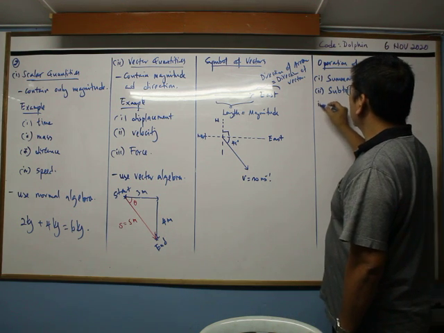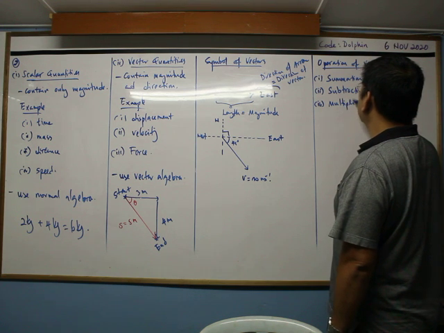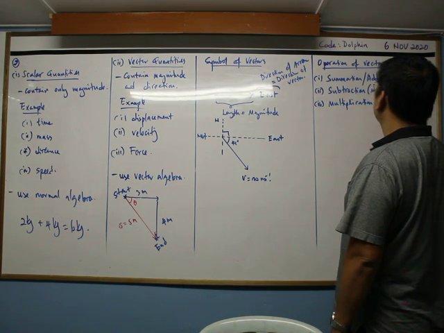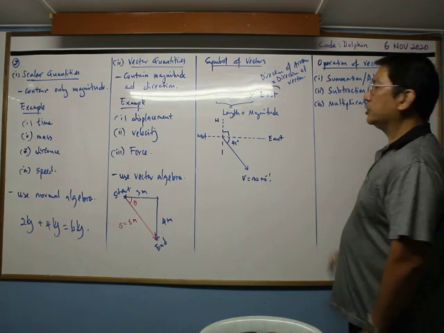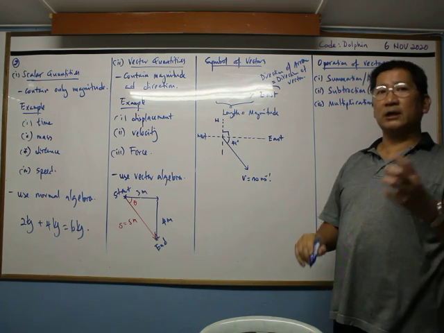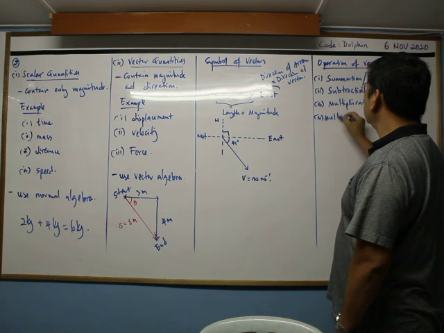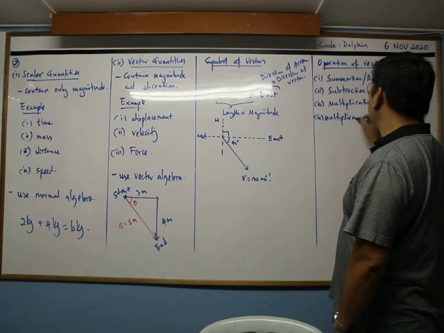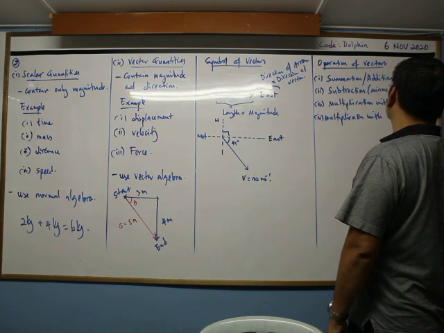And then of course number three, we have multiplication with a constant. You multiply a vector with a constant. And also you can multiply a vector with a vector.